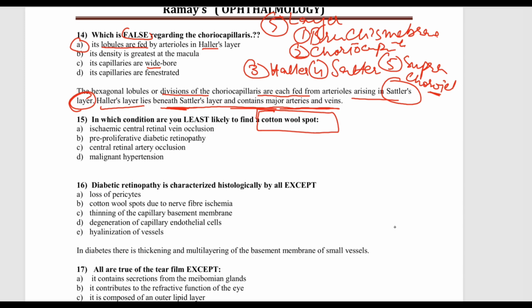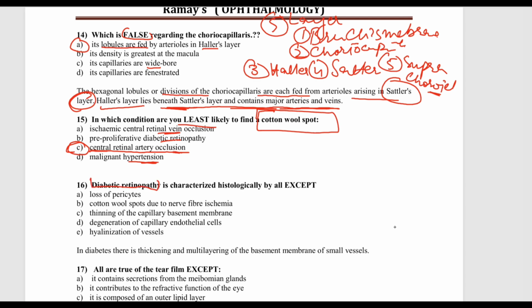Least likely cotton wool spots are found in central retinal artery occlusion. The correct option here is central retinal artery occlusion. While in the other conditions like ischemic central retinal vein occlusion, diabetic retinopathy, malignant hypertension, cotton wool spots are commonly present.